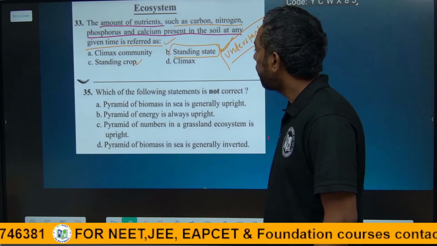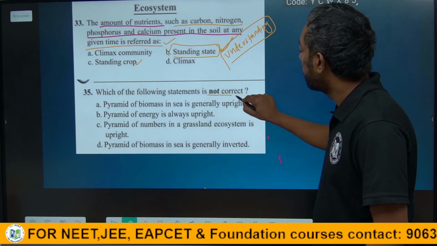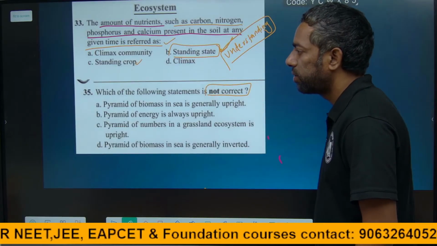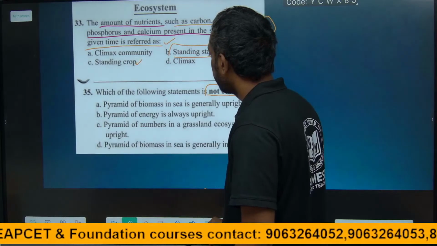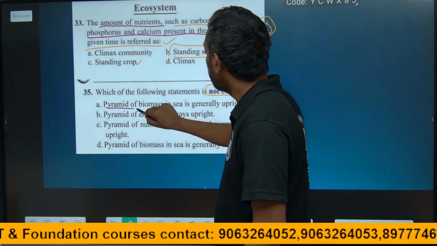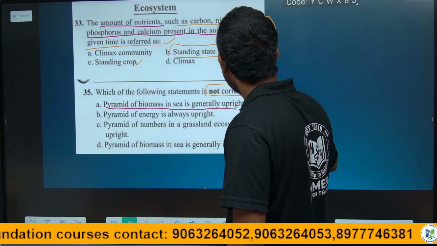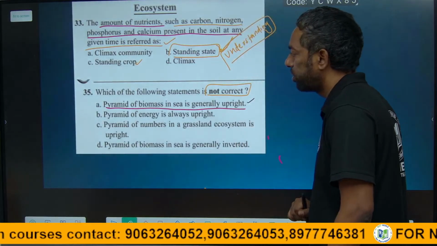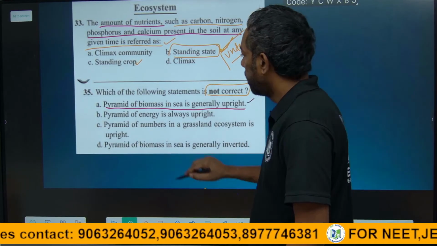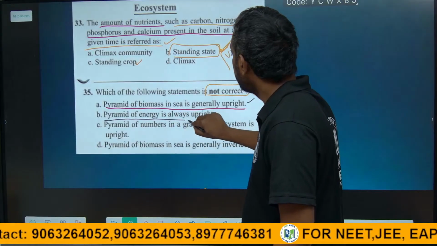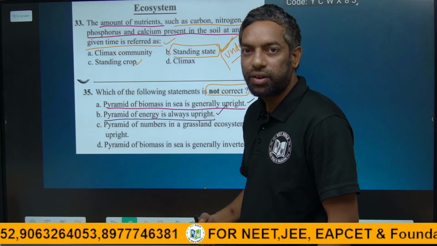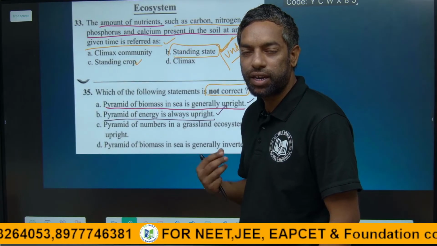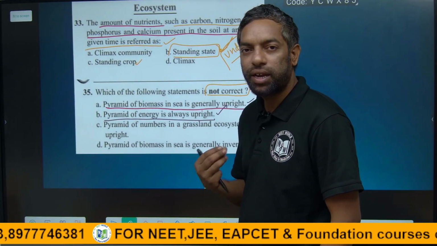Yes. Which of the following statements is not correct? Not correct. The pyramid of biomass in sea is generally upright. Of course, that is correct. The pyramid of energy is always upright. Of course, the energy will be consumed. At the final stage, if they reach the climax, the energy will decrease.